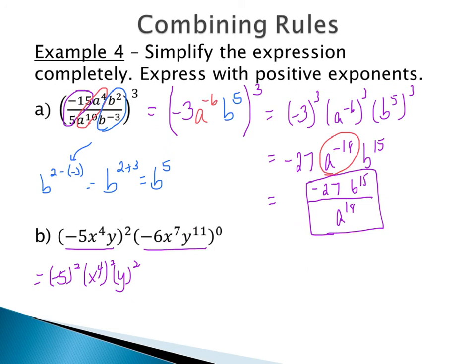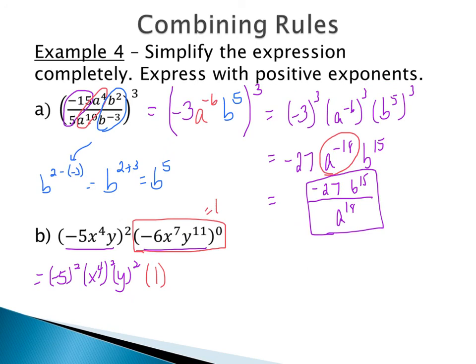Well, if I'm bringing in a 0 exponent, that means that this whole expression is raised to the 0. And remember, if the whole expression is raised to the 0, it's just equal to 1. So to save ourselves some work, I can just say that this whole thing is just going to turn to 1. You can work through it with bringing in the 0 exponent and show each part's equal to 1, but you'll just end up right back over here.